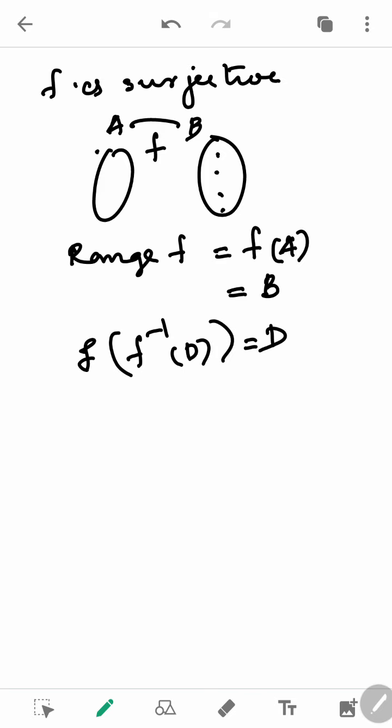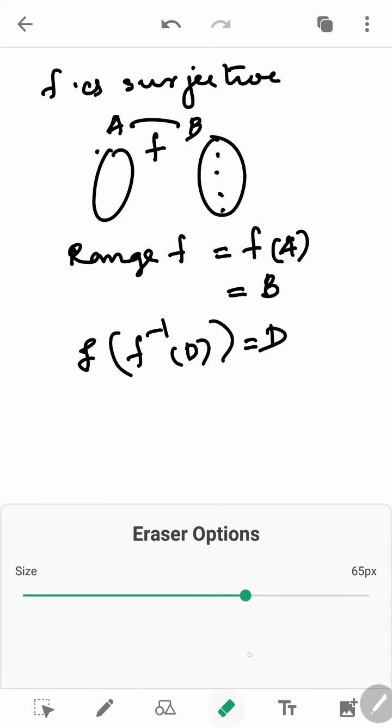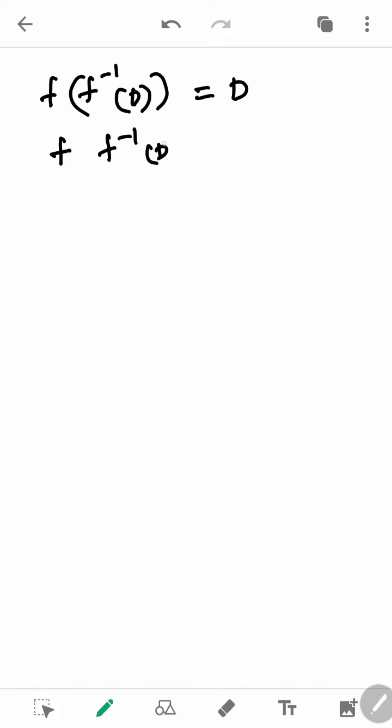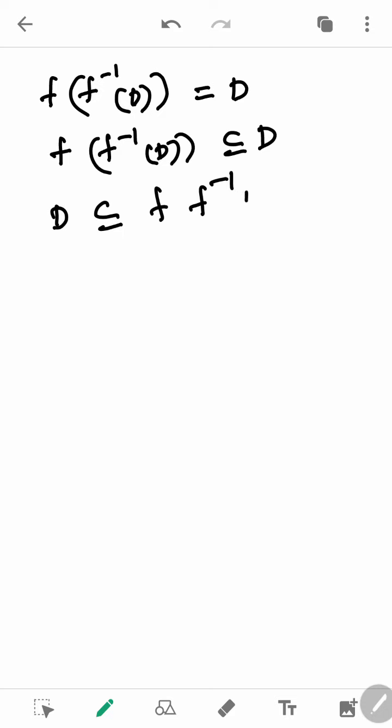We have already proved one inclusion. What do we have to prove? We have to prove F of F inverse of D is equal to D. We have already proved in the last class that F of F inverse of D is a subset of D. Now we have to prove the reverse inclusion. That is, we have to prove that D is a subset of F of F inverse of D. For that we have to take an element from here.